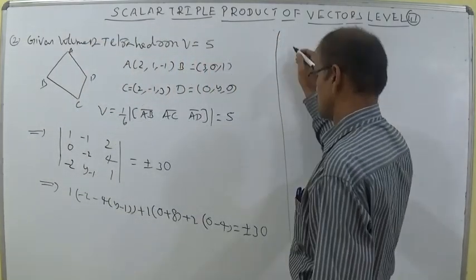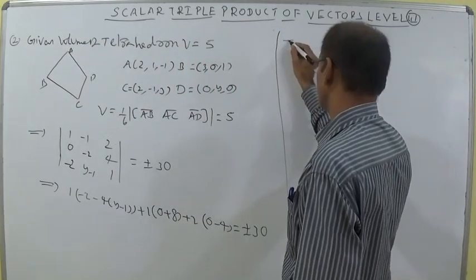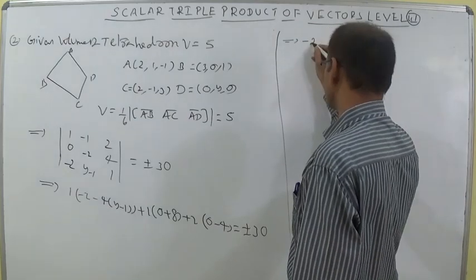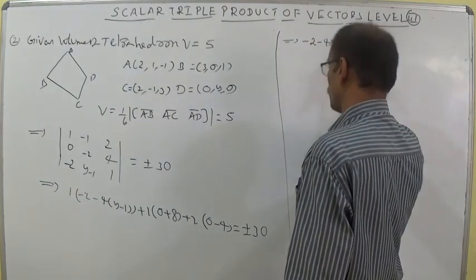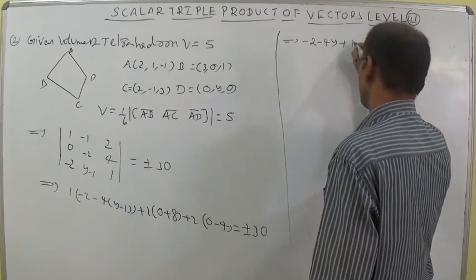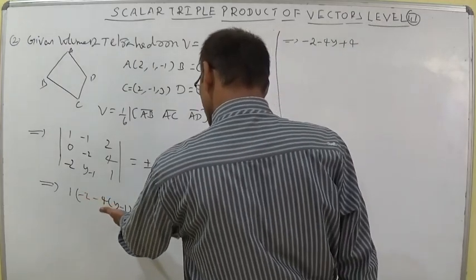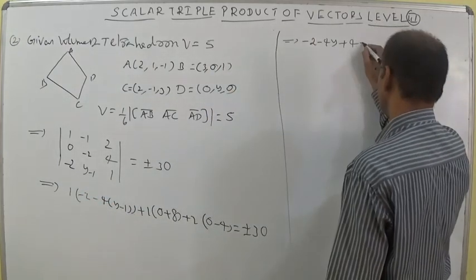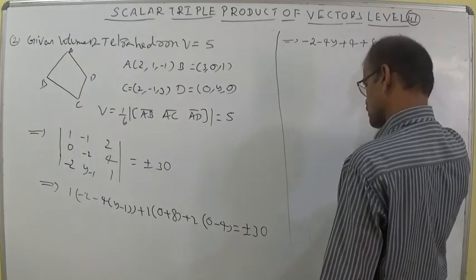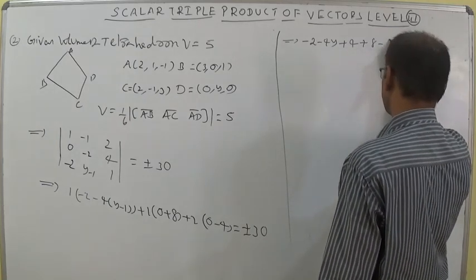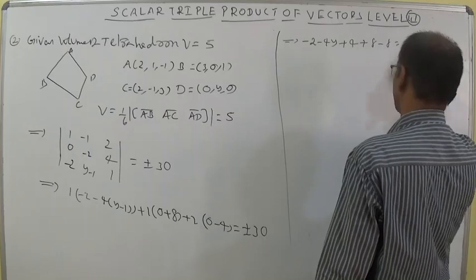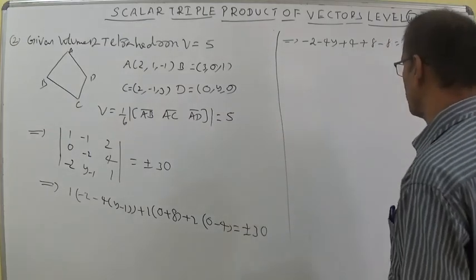That implies 1 into this one: minus 2 minus 4y plus 4, plus 8 minus 8 is equal to 30. First I am writing this, later we can discuss minus 30.